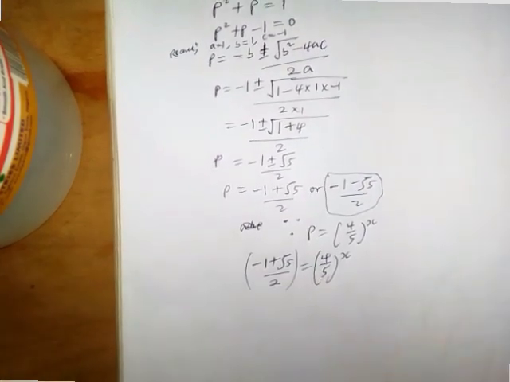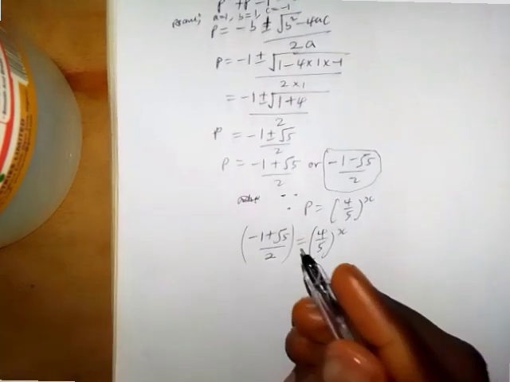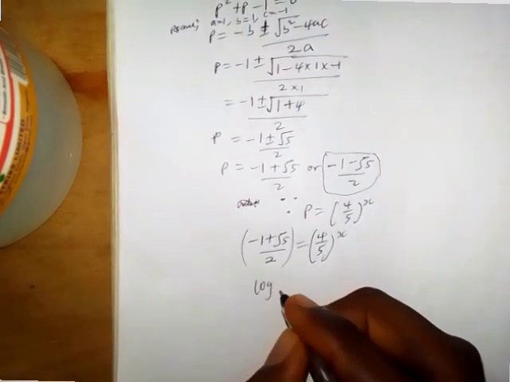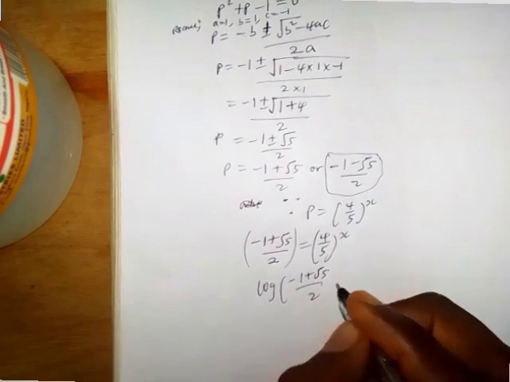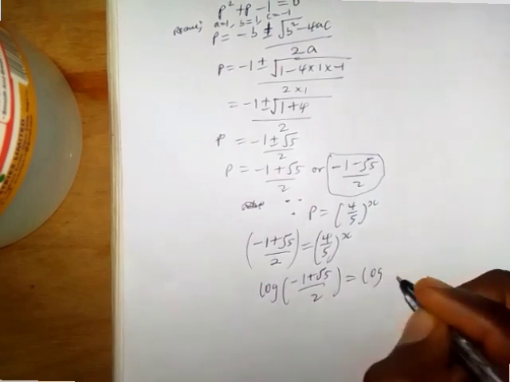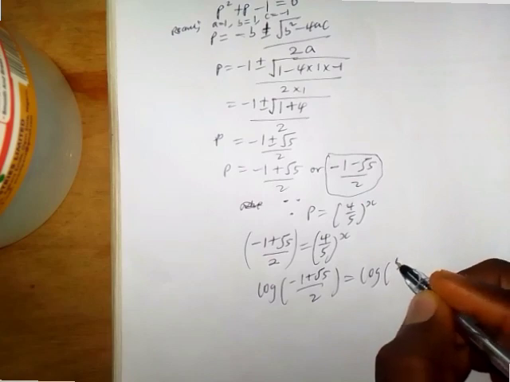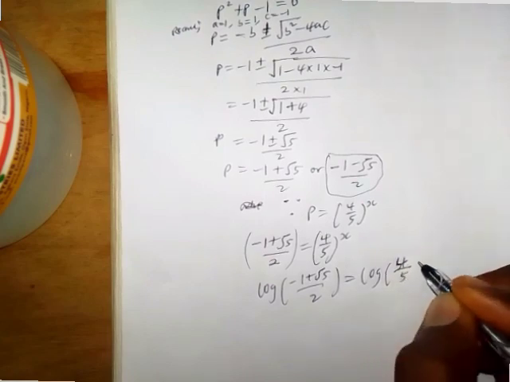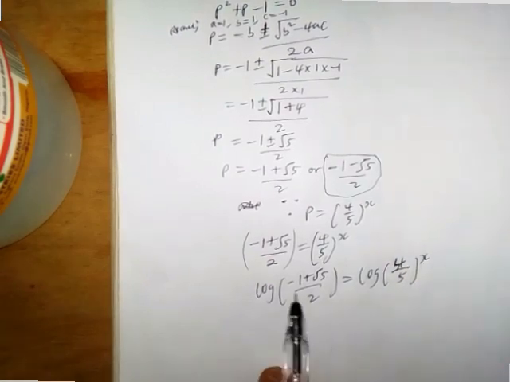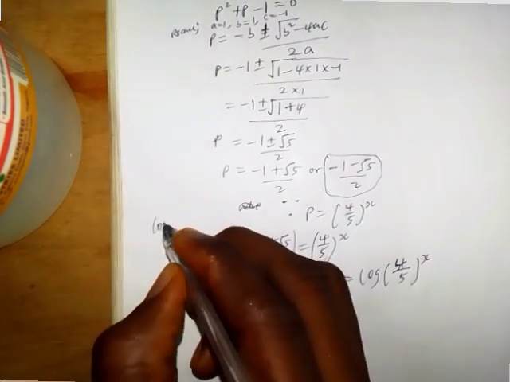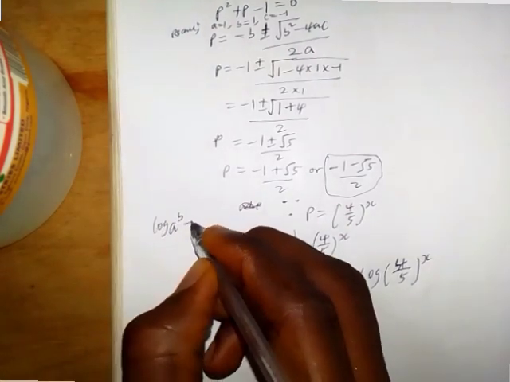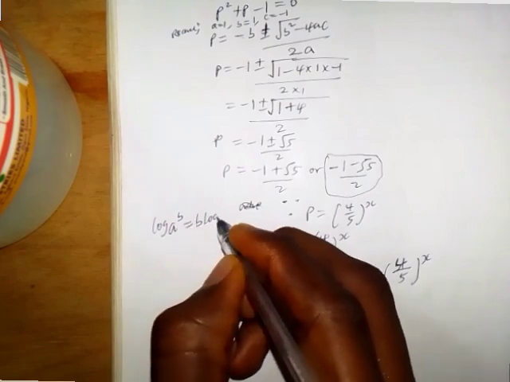Now we take the natural logarithm of both sides. So we have log of minus 1 plus square root of 5 over 2 equals log of 4 over 5 raised to x. But recall that by the rules of logarithm, whenever we have log a raised to b, it is simply the same thing as b log a.